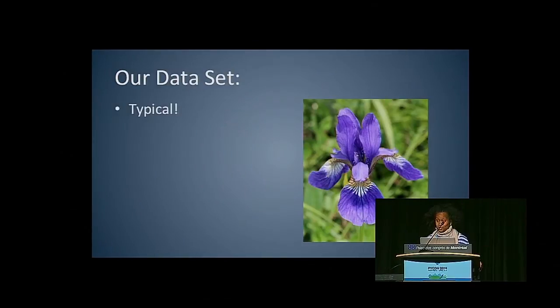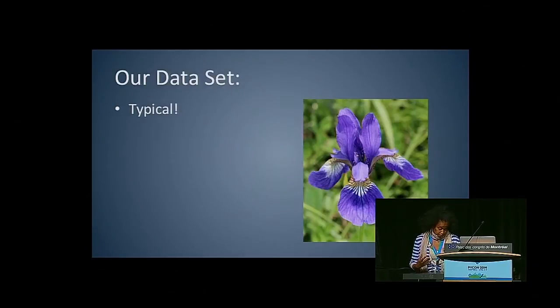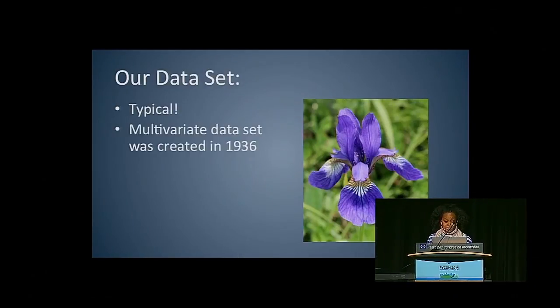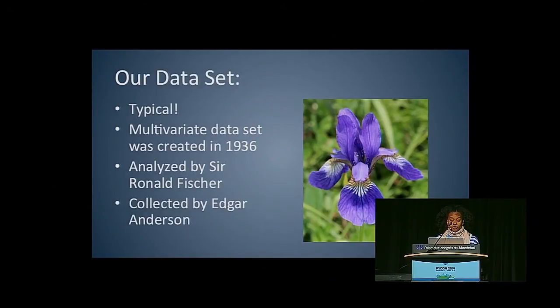It's a typical data set. The iris data set actually predates Scikit-learn, it predates Python, and it predates most of us in this room. The iris data set was a multivariate data set that was created in 1936. It was analyzed by Sir Ronald Fisher, but it was gathered by Edgar Anderson.